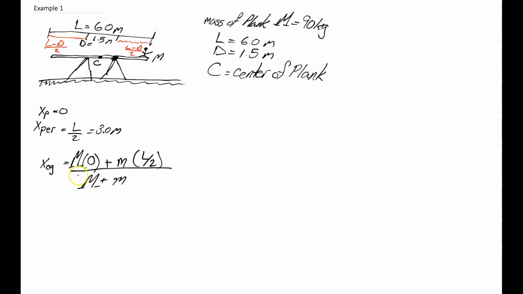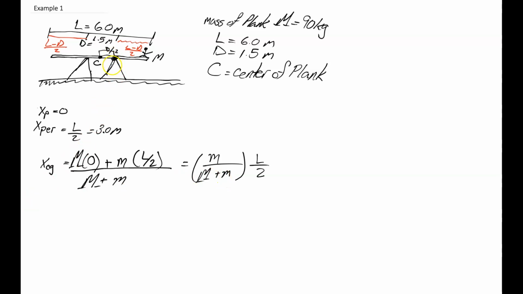Furthermore, the distance for the right hand seesaw to the center of gravity, this distance here, is going to be d over 2. So if we work a little bit with this one, we can get that this is little m over big M plus little m, all times L over 2.